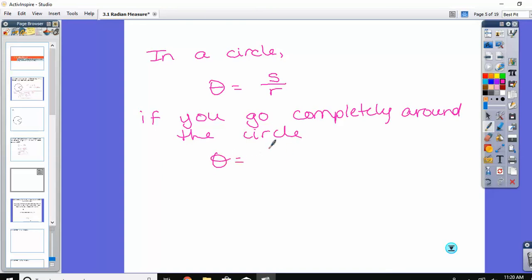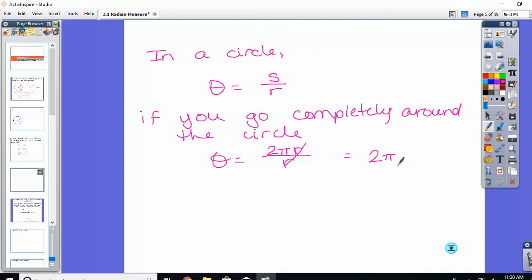So if we go all the way around, pi times diameter, which diameter is just 2 times the radius. So I'm going to say, if we go all the way around, my arc length is just my circumference, which is 2 pi r. What happens to my r's? They cancel. So in degrees, we know all the way around the circle is 360 degrees.